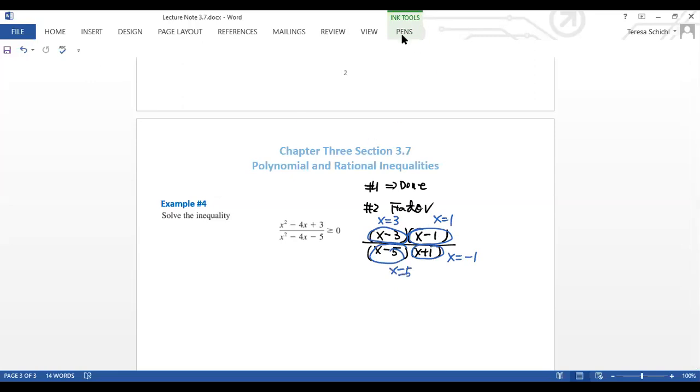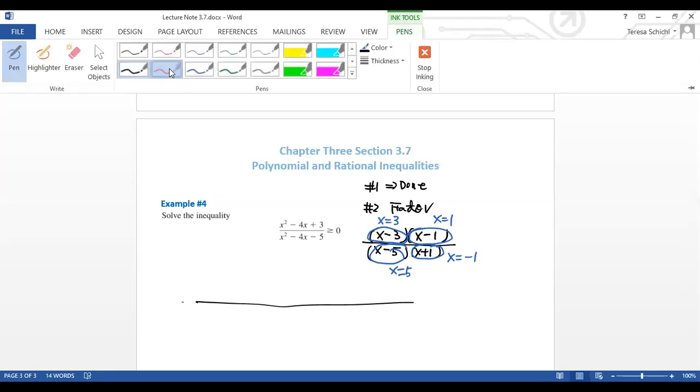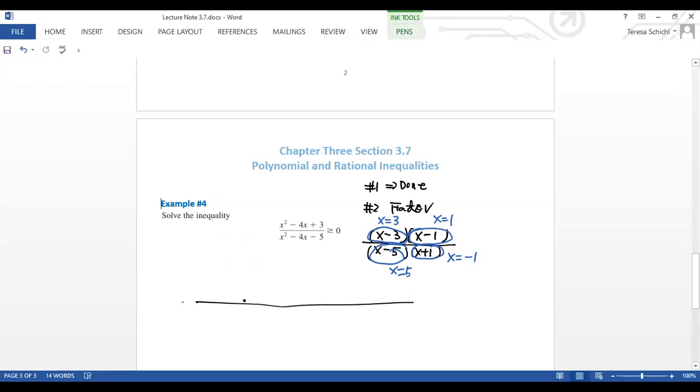Okay, so what is the next step here? Let's try to do it on the real number line. What is the smallest number? Negative 1. All right, so this is negative 1. What is the next one? 1, right? What is the next one? It's 3. What is the next one? It's 5.